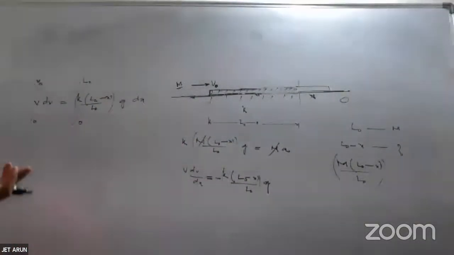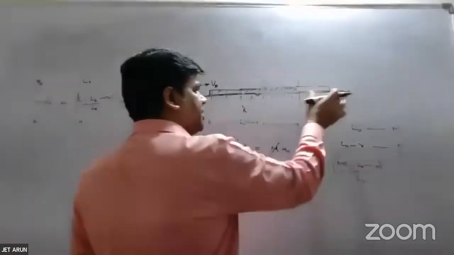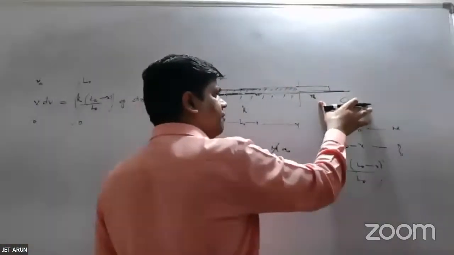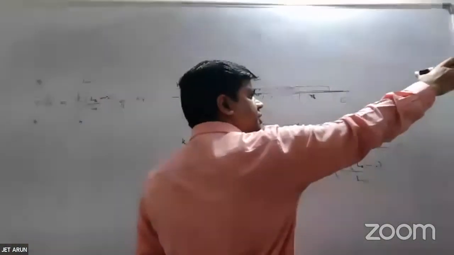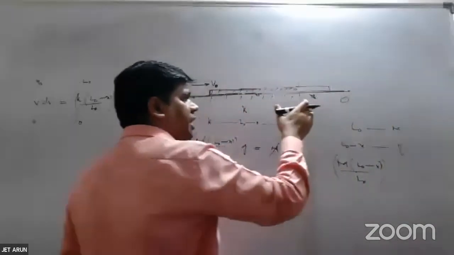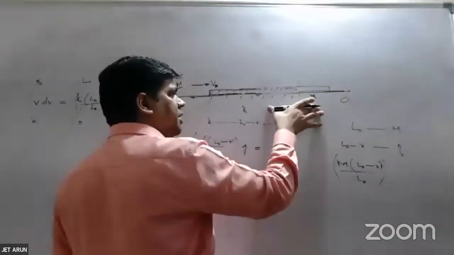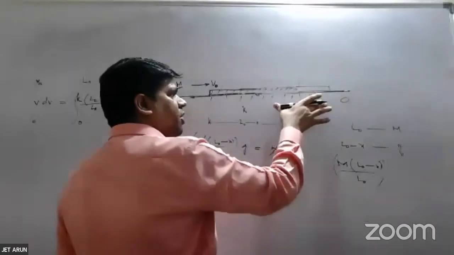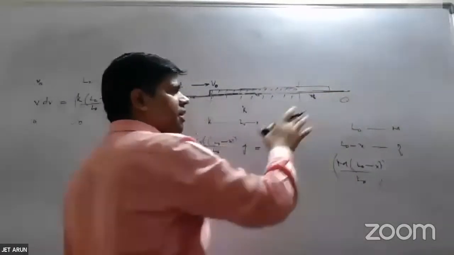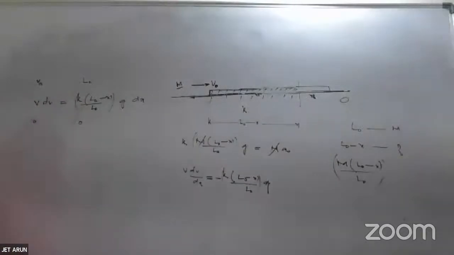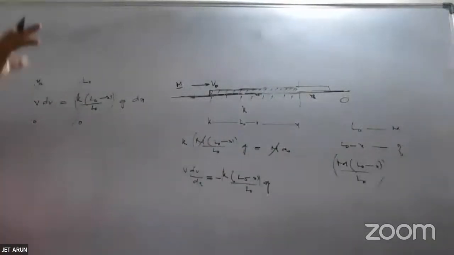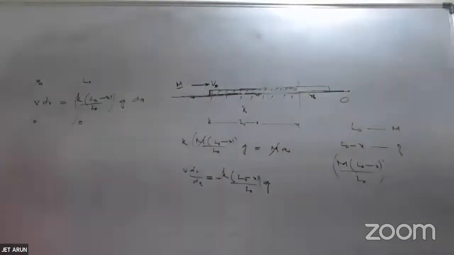All right. It may or may not come to rest. Let's say when it comes entirely onto the frictionless surface with some velocity, it will continue with that velocity, because it is a frictionless surface. Or it may stop before that, or it may just stop right at the boundary. But once it crosses that, it will never stop. It will go ahead with constant velocity.